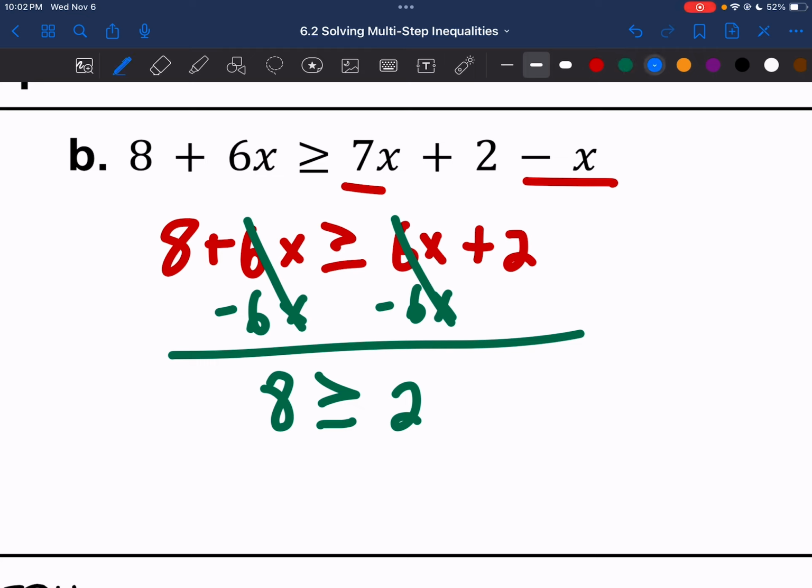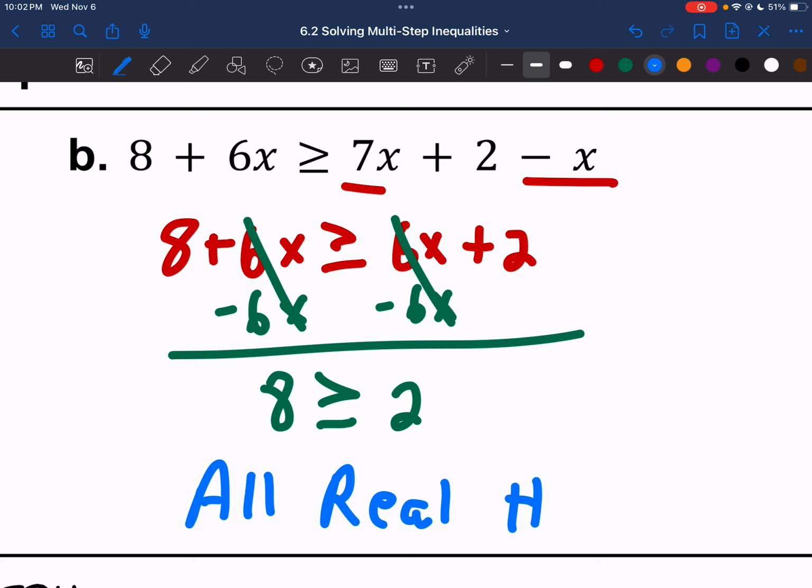Now, that is a true inequality. 8 is greater than 2, so it is all real numbers. We could take any value, substitute it in for x, and we will have a true inequality.